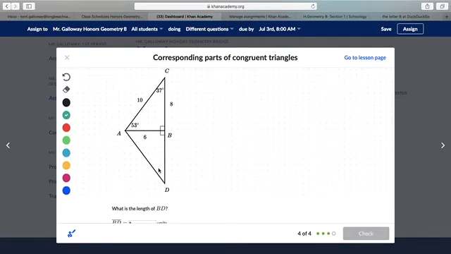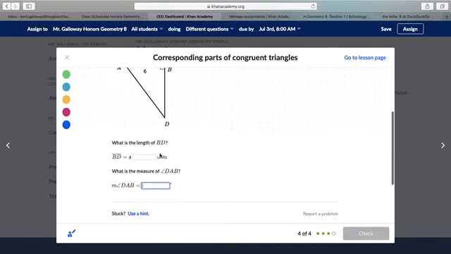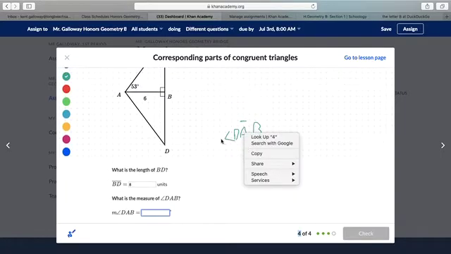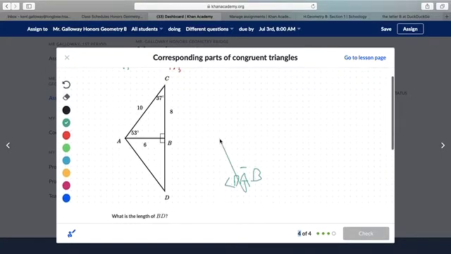Now we have DAB. A is the letter we're concerned with, so we're looking at angle A in the DAB triangle.